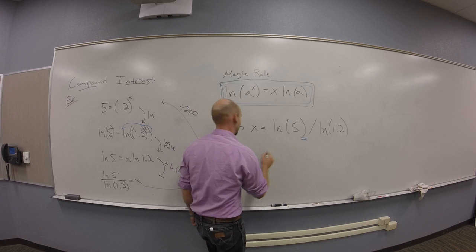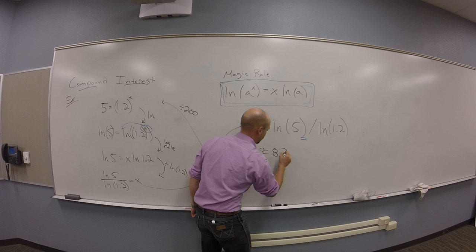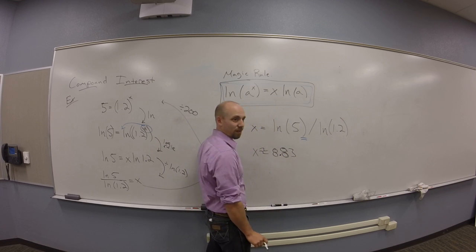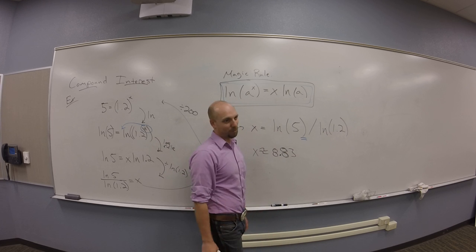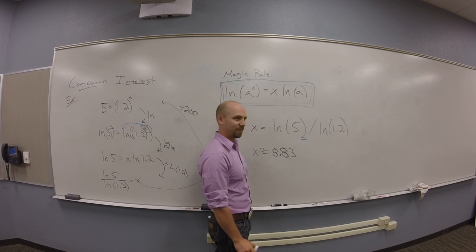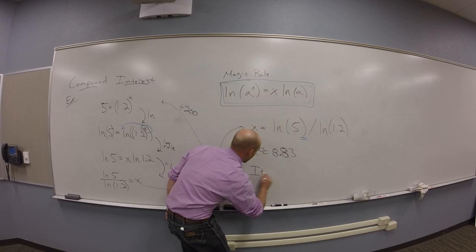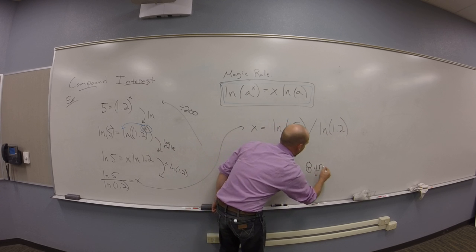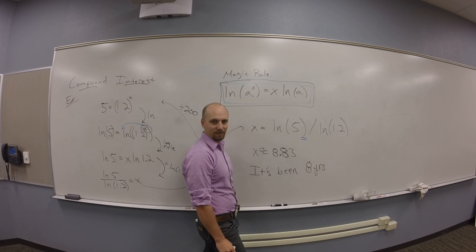What do you get out of this? You get x is about 8.83. But if you plug just 8.8 in, you don't get 1,000, you get 995. So it has actually been 8.83 years. 8.83 doesn't make any sense in years, right?